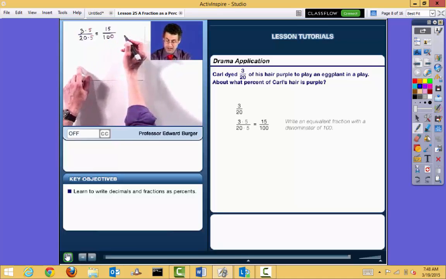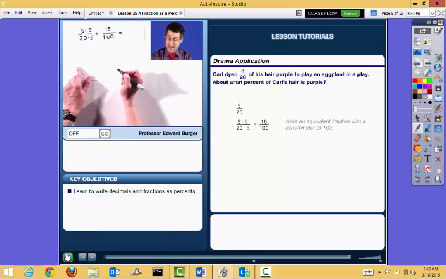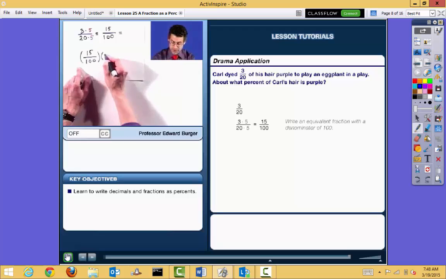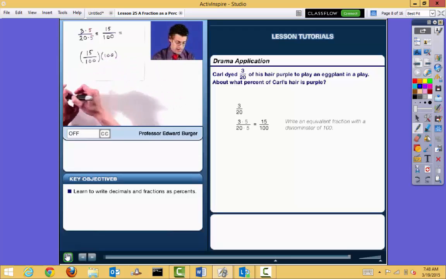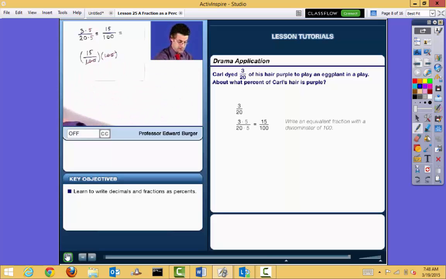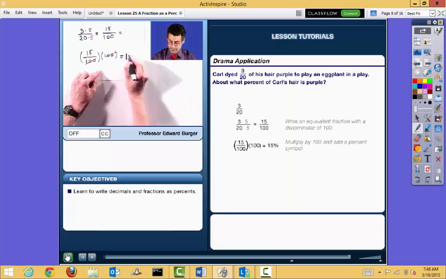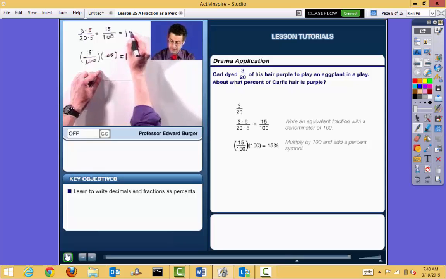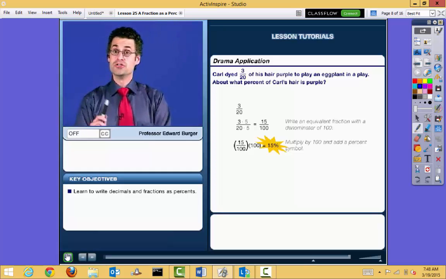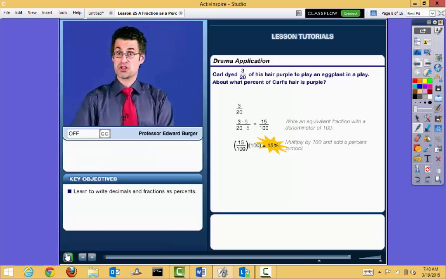And so, if I want to convert that to a percentage, all I've got to do is multiply by 100. But that's great, because this reduces down really nicely to just 15. And so I come up here and say this is 15%. So 15% of Carl's hair is purple due to an eggplant condition.